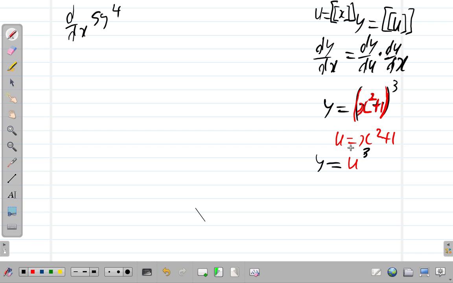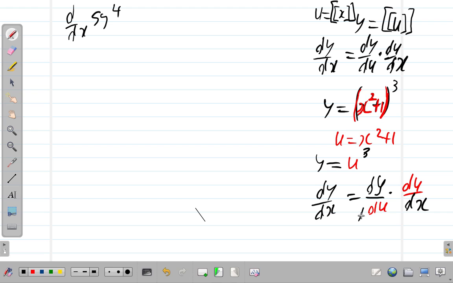So in this case, dy by dx is equal to dy, the derivative of the outside function with respect to the inside function u, times the derivative of the inside function with respect to x.